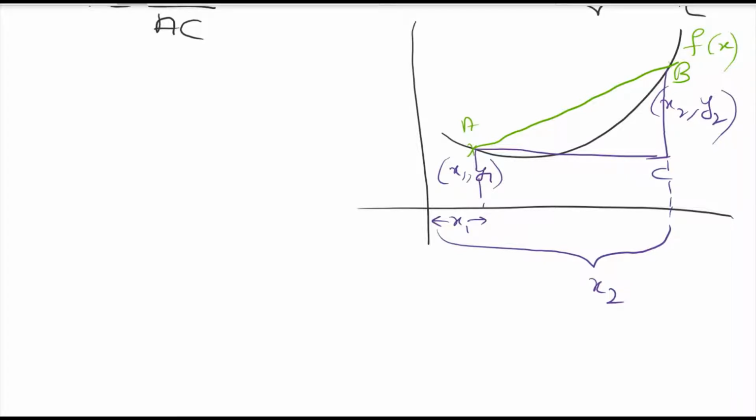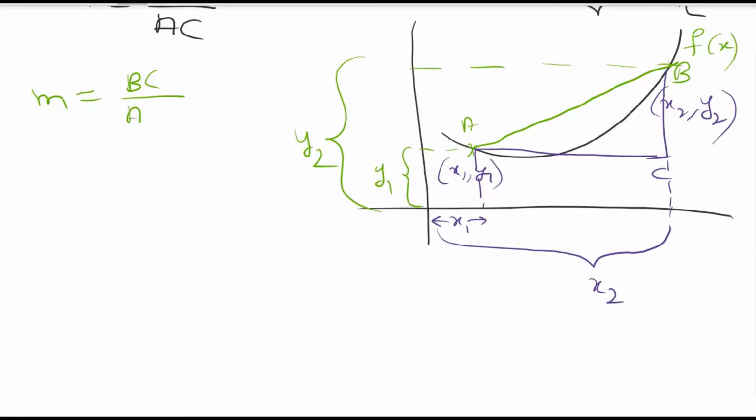Similarly, if I take the y-axis, my point A is at a distance of y1 and my point B is at a distance of y2. My slope M equals distance BC upon distance AC. These two lines are parallel, so this is my distance BC.